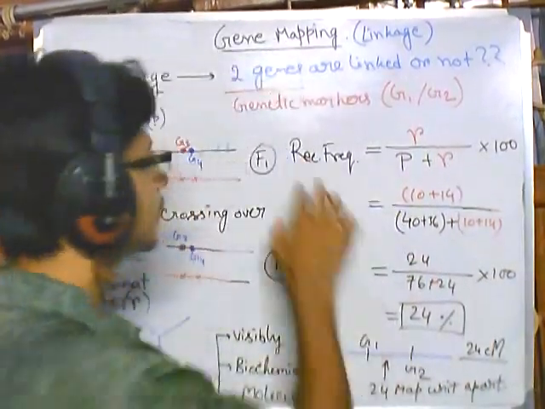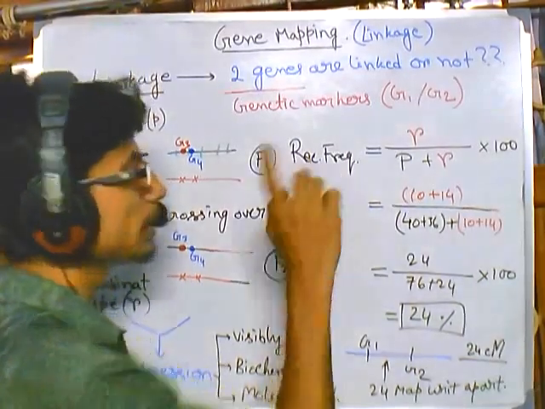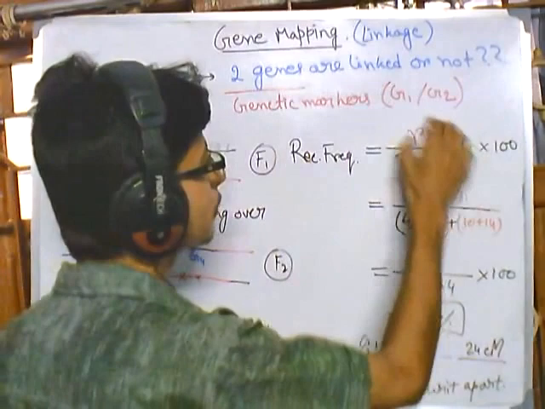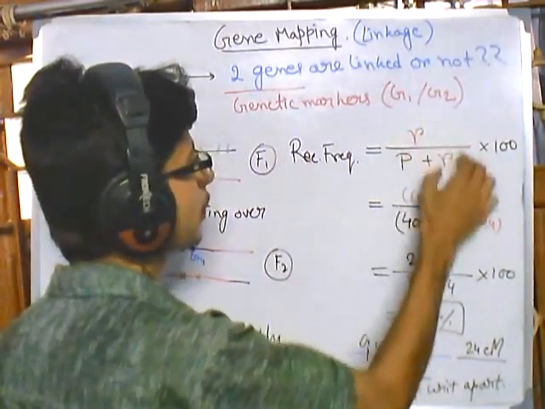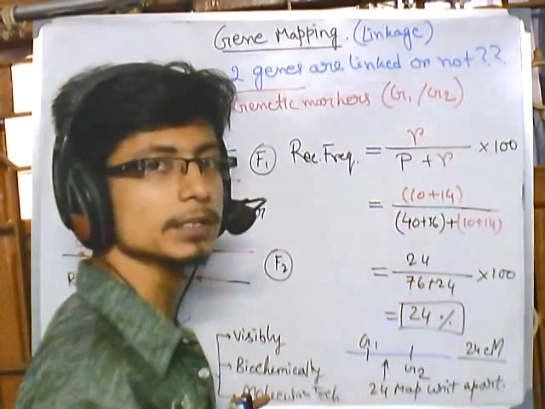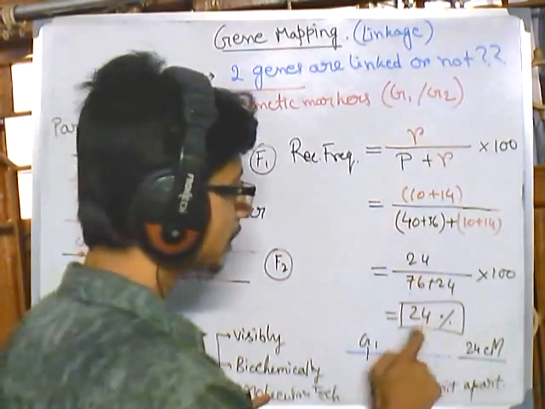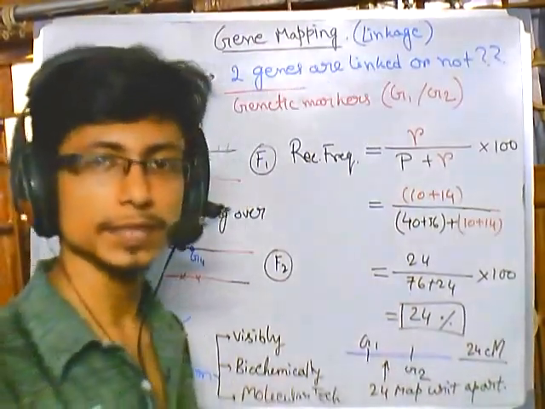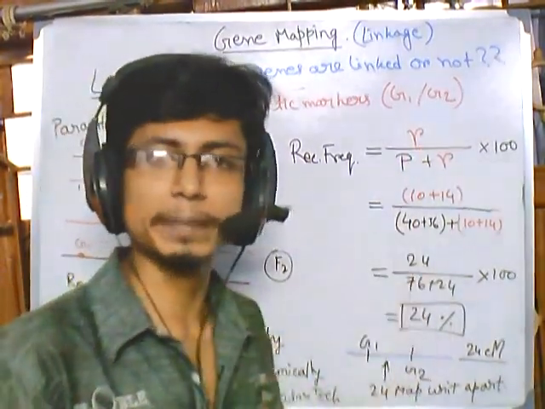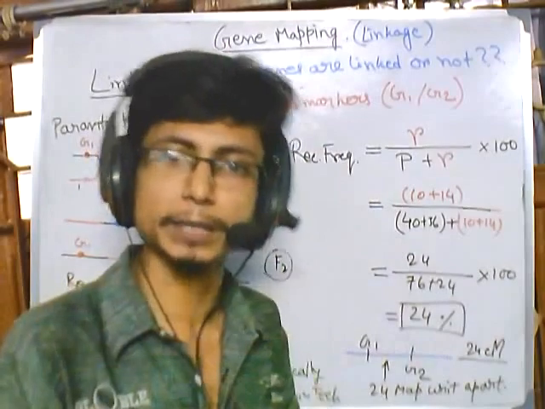Now remember, let's look at one thing. If we increase this recombination value, if the number of recombinant types is increasing, what does it mean? It means an increase in the distance, right? If we develop more recombinant types, that means more recombinations are taking place.